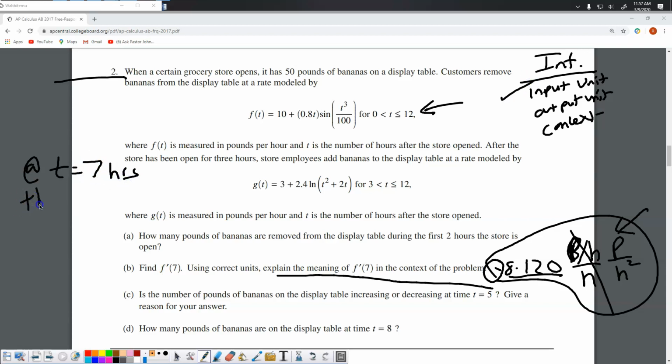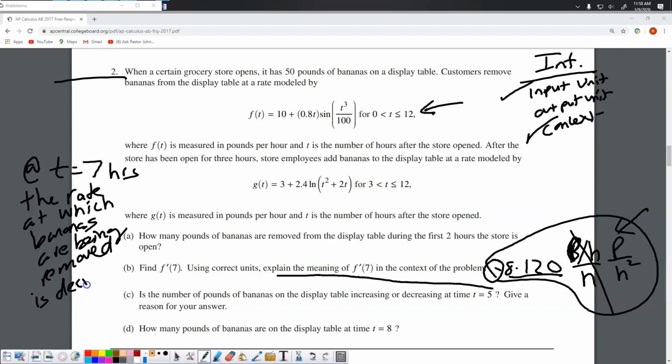At t equals 7 hours, the rate at which bananas are being removed, there's my context, is decreasing at a rate of 8.120.